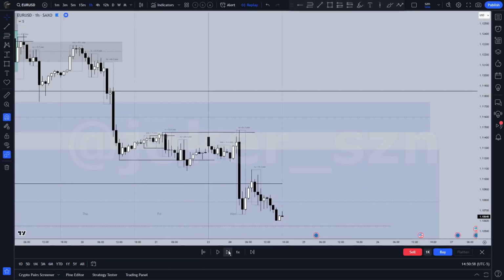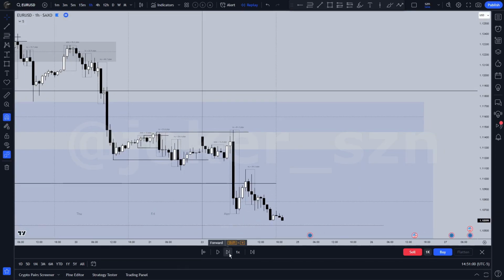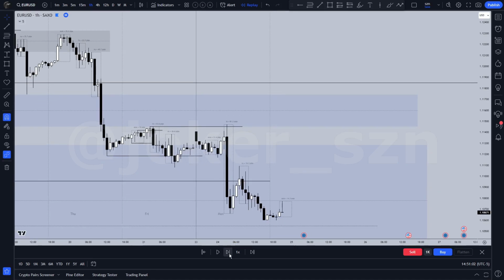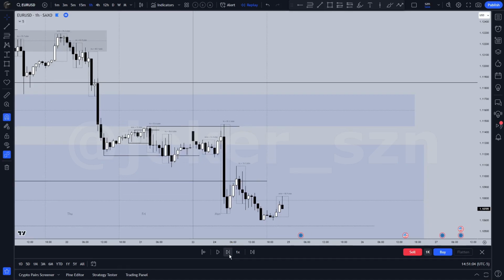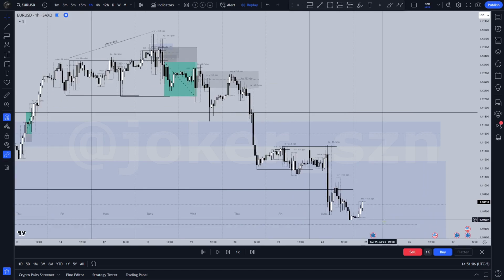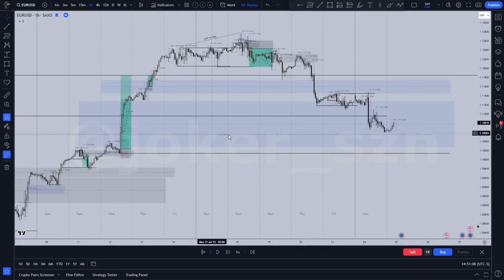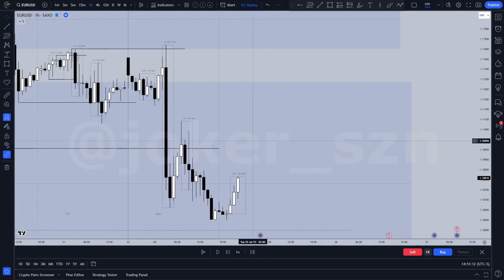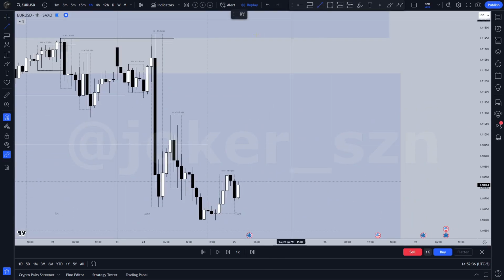Then again we wait for the daily close, and then on Tuesday we want to take shorts aiming into the discount of this range and eventually this low here, right? So we have a swing high right here, and we also have the Asian highs right here.